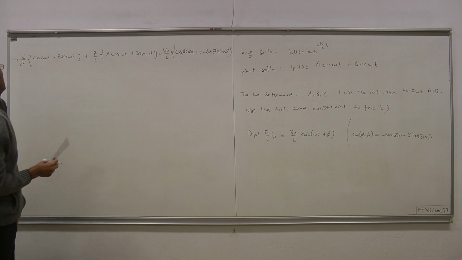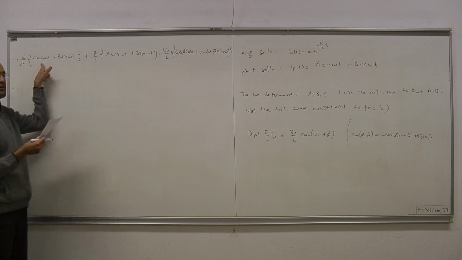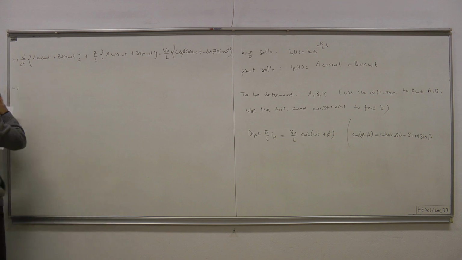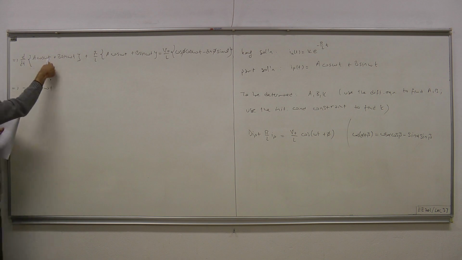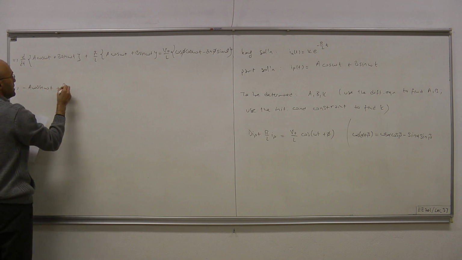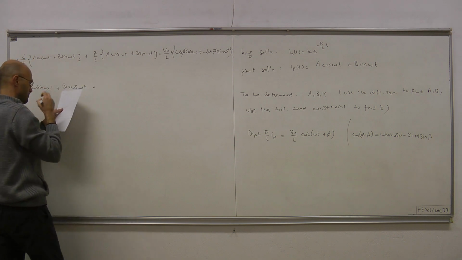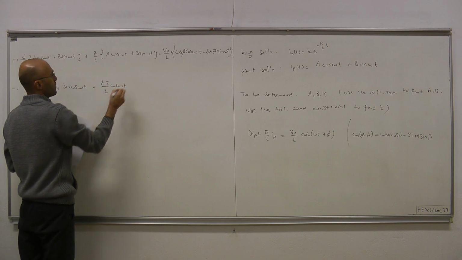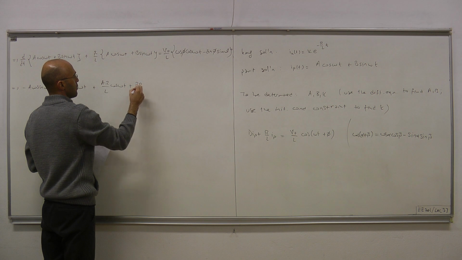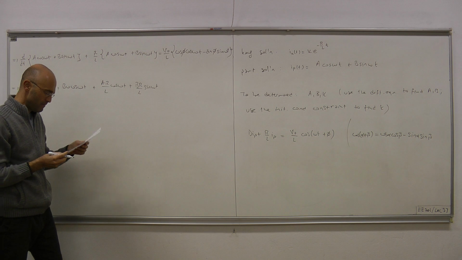So let's proceed by performing the differentiation here. What we have is minus A omega sine omega t, the derivative of this term, plus B omega cosine omega t, the derivative of this term, plus A R over L cosine omega t plus B R over L sine omega t.